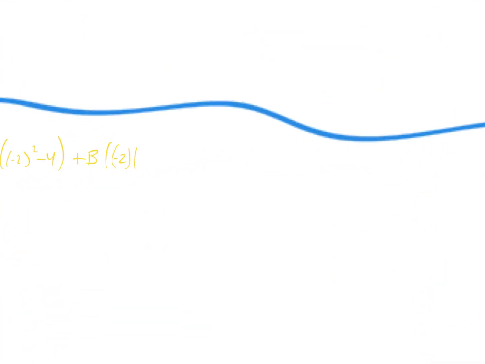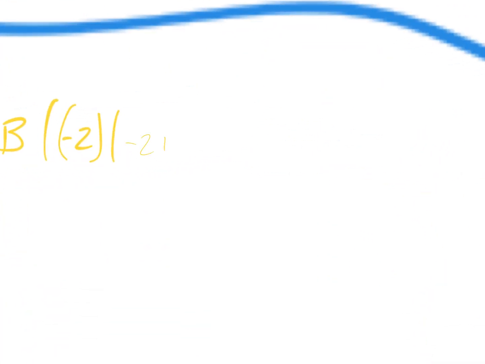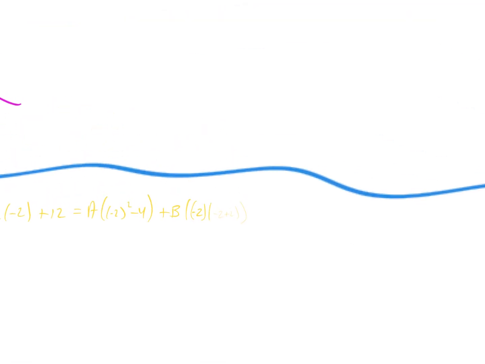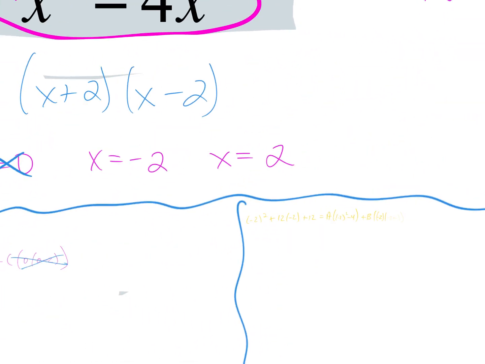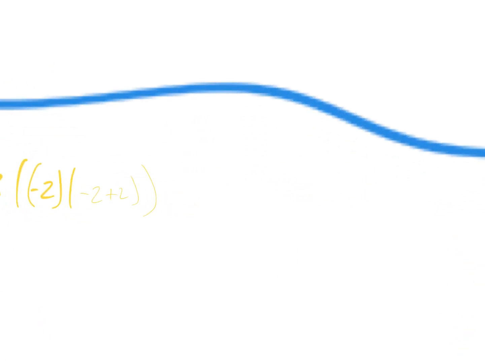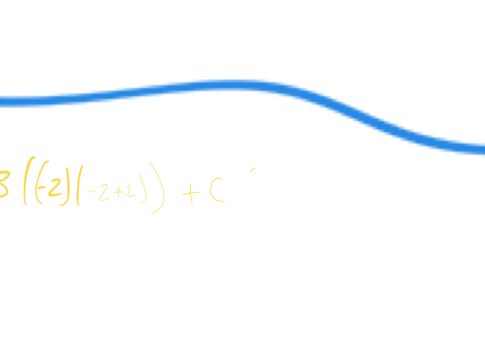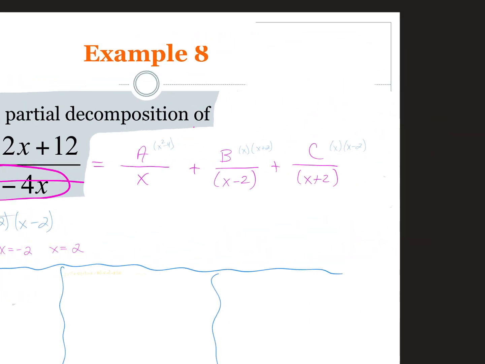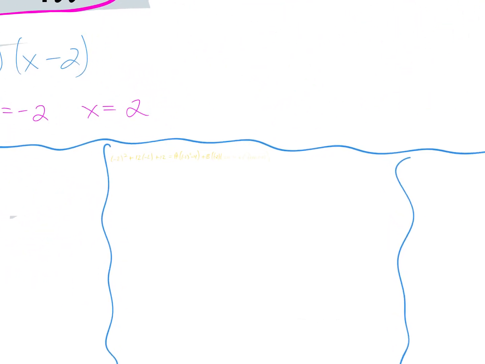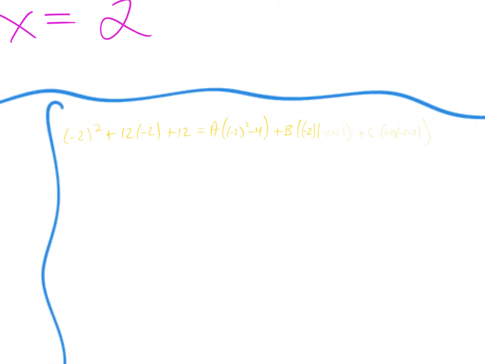X plus 2. So negative 2 plus 2, right, with the way I wrote it? Yeah. And then my c is negative 2 times negative 2 minus 2, right? Guys, yes? Right, thank you, Ava. I'm trying to write small, and then I wrote minuscule.